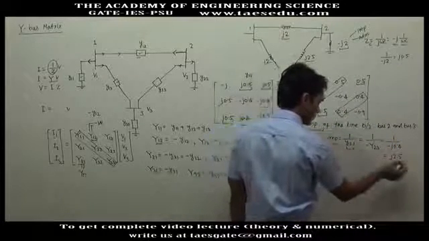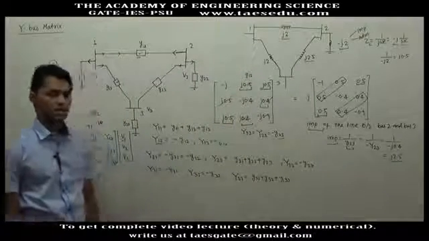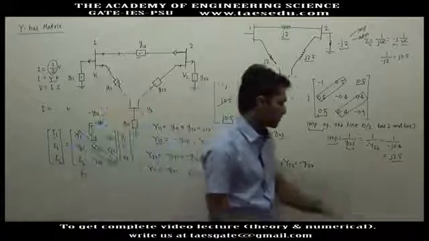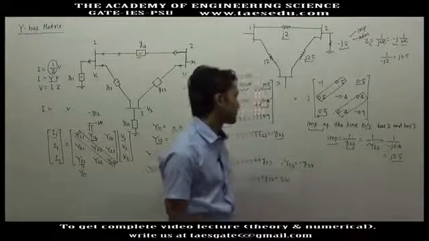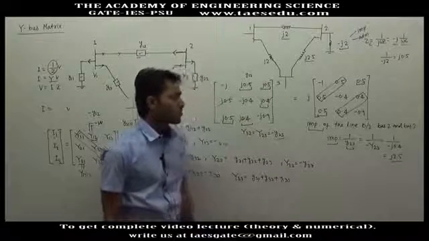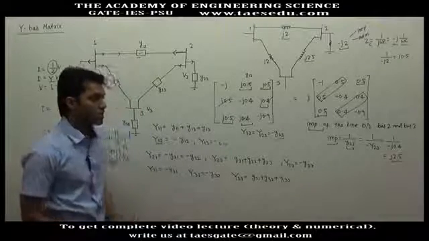So the impedance is j 2.5, an inductor with a reactance of 2.5. So the line which is connecting bus 2 and bus 3 will have a reactance of 2.5 ohm.